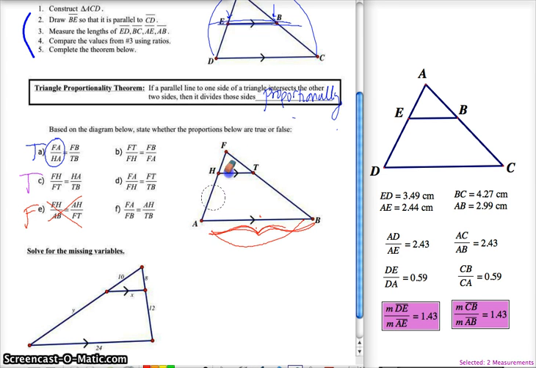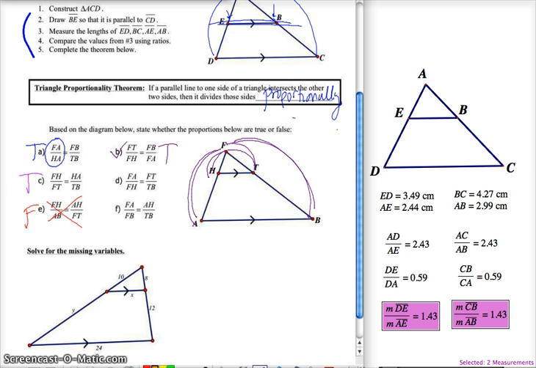If I jump over here, hopefully that was pretty obvious there. Okay, let's look at FT is to FH as FB is to FA. Notice I went right small to left small, right large to left large. So yes, that is going to be true.